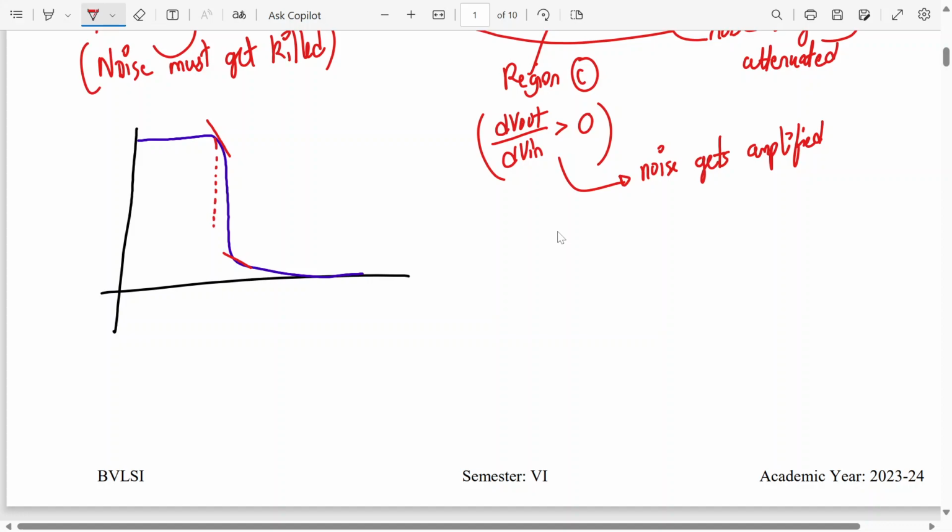Here it is. This is VIL, this is VIH. Okay, and at these 2 points, my dVout by dVin should be -1 here also. Okay, so these are the two boundaries of the system.